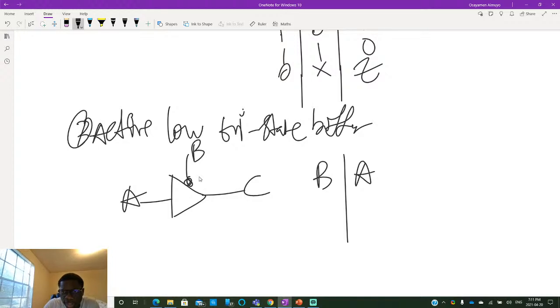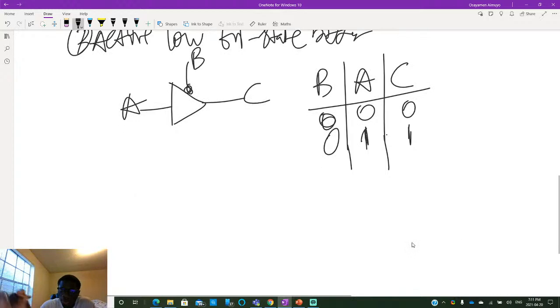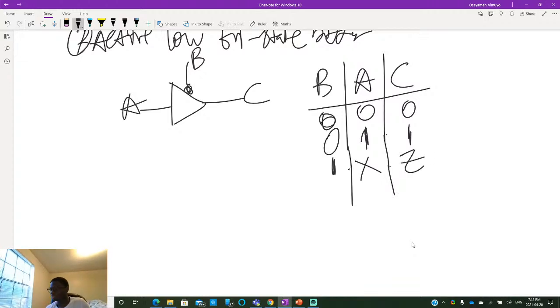B, A, C. If B is 0, you have A, so the input is passed as output. Now, if B is 1, it doesn't matter what A is, you get high impedance. That's for the active low tri-state buffer.